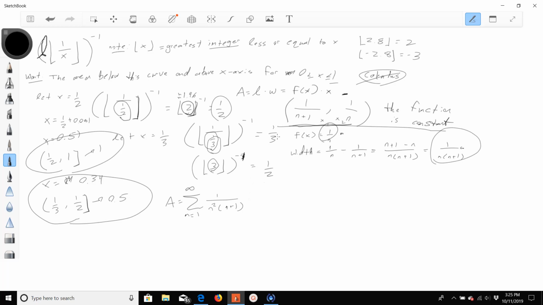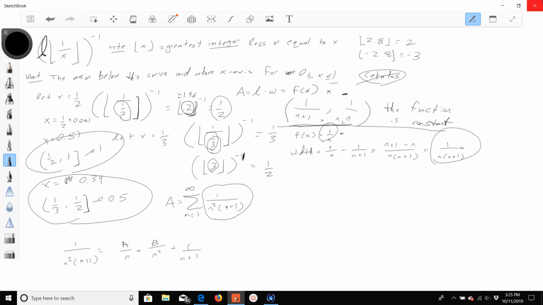Now, I can look at this, and I know that this sum is going to telescope, so I'm going to use partial fractions on the argument here. So 1 over n squared times n plus 1 is equal to A over n plus B over n squared plus C over n plus 1, where A, B, and C are the constants that we want to find.